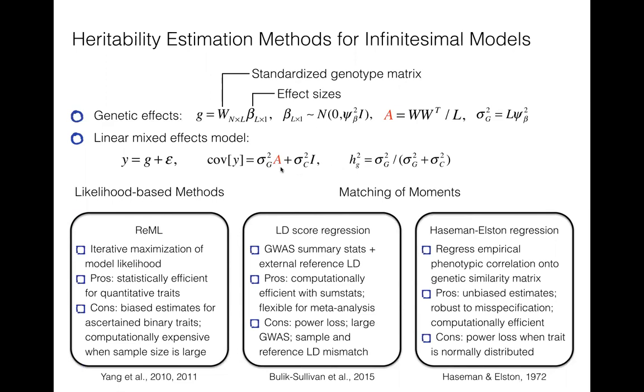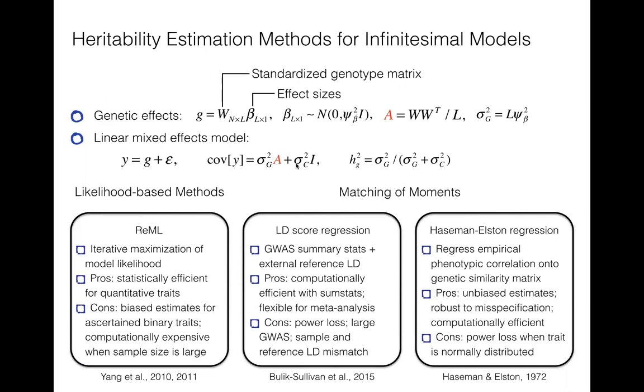And we can also, for example, stratify the SNPs based on their minor allele frequencies or linkage disequilibrium scores or functional annotations and incorporate multiple genetic similarity matrices in the model to partition the phenotypic variation into the different sets of SNPs. But to just keep things simple, I will just focus on this basic infinitesimal model in this talk.